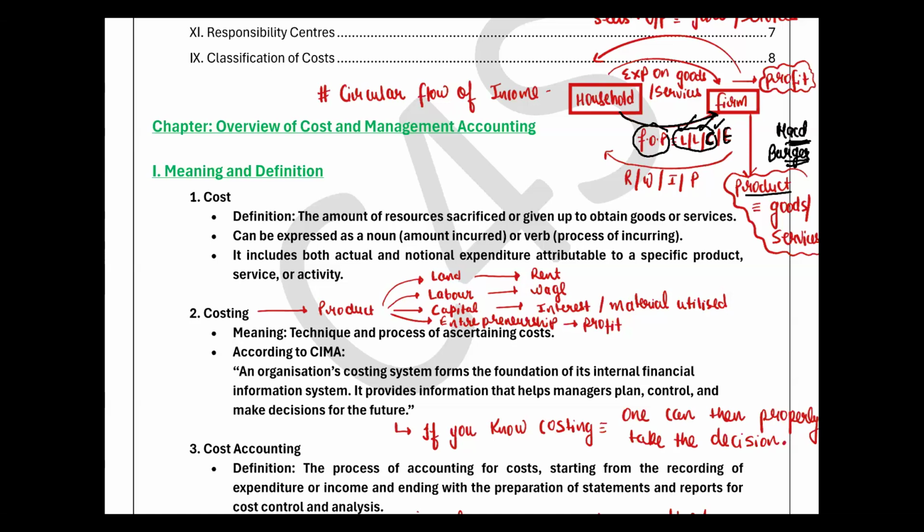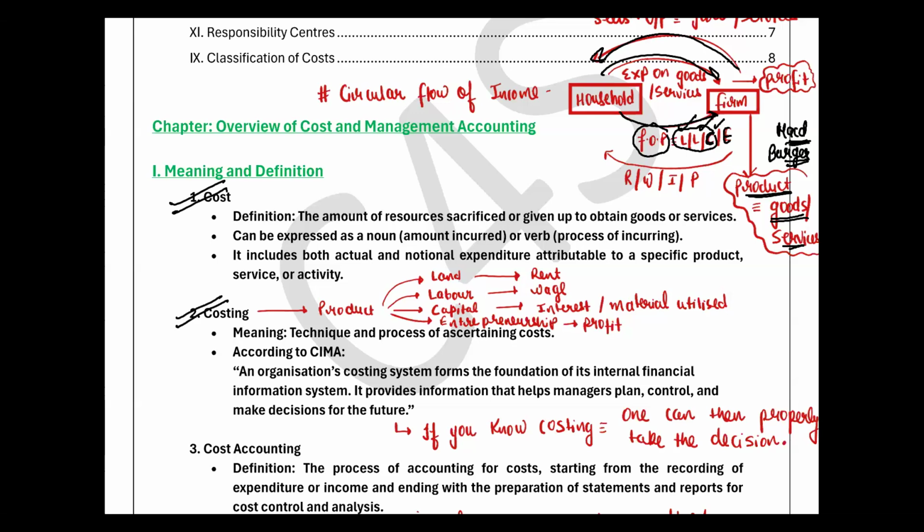Now the McD burger house is ready with the goods and services. Now they will sell the same to the household. The household will consume it and pay expenditures.